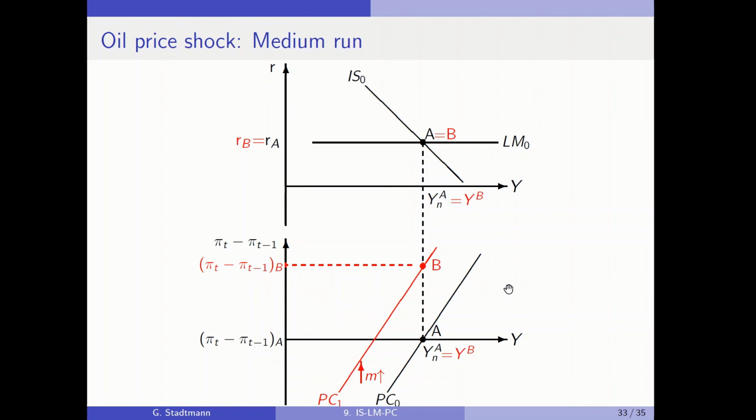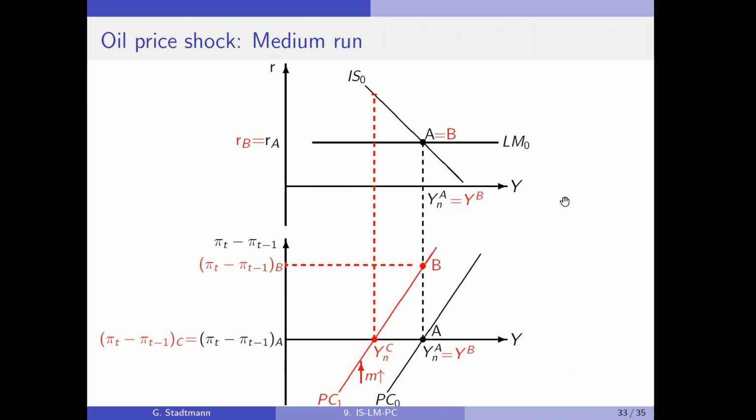In a first step, it is very important that we understand where the new medium-run equilibrium will be. It will be where the Phillips curve intersects with the horizontal axis. So this point here, the GDP level Y and C, will be the new equilibrium level of output in scenario C. When we know this point here, we also know by how much the central bank has to increase the interest rate.